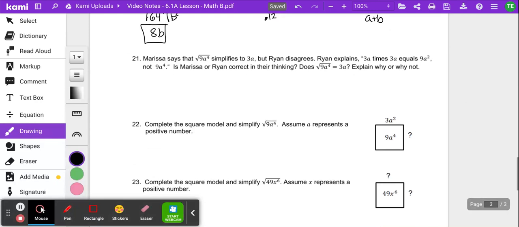Number 21. Marissa says that the square root of 9a to the fourth simplifies to 3a, but Ryan disagrees. Well, let's see. If I went 3a times 3a, I would get 9a squared. I wouldn't get 9a to the fourth. So Ryan is correct.